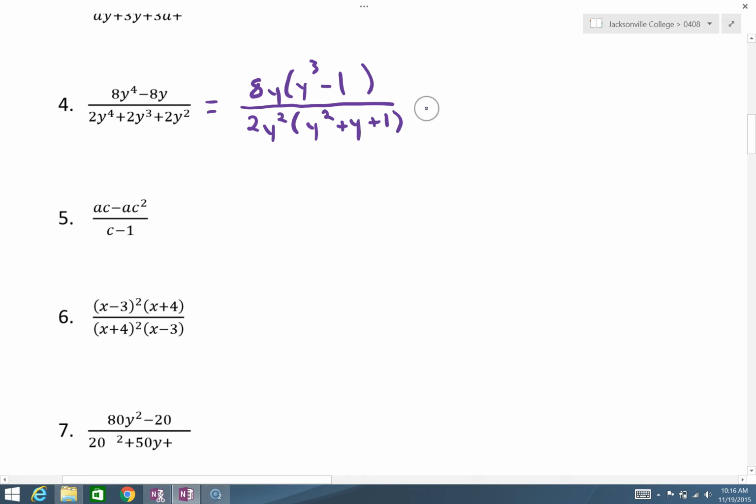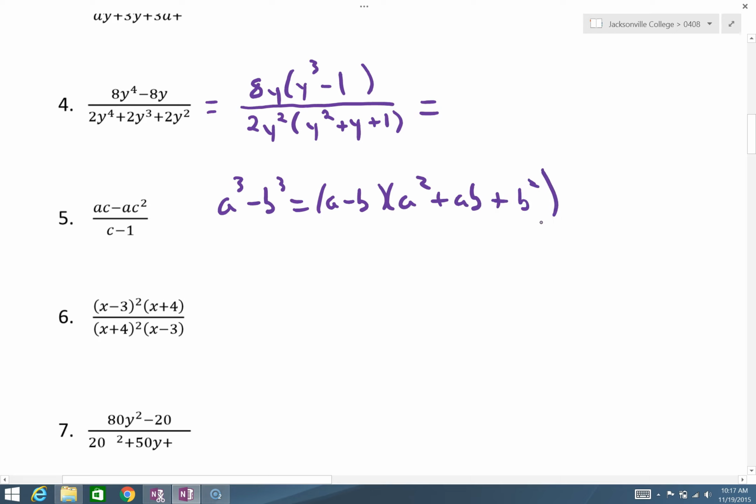Now, this y cubed minus 1, it's a difference of 2 cubes. Remember our difference of 2 cubes form. It said a cubed minus b cubed is equal to a minus b times a squared plus ab plus b squared.